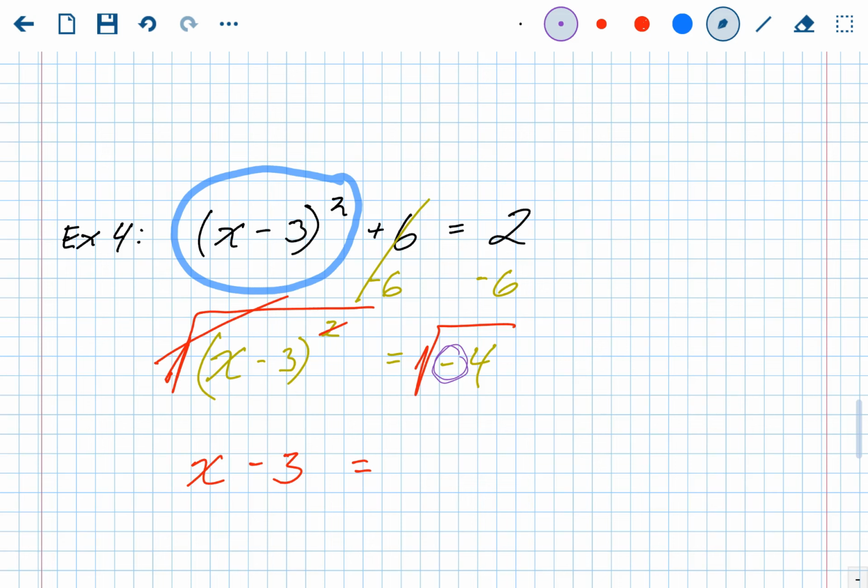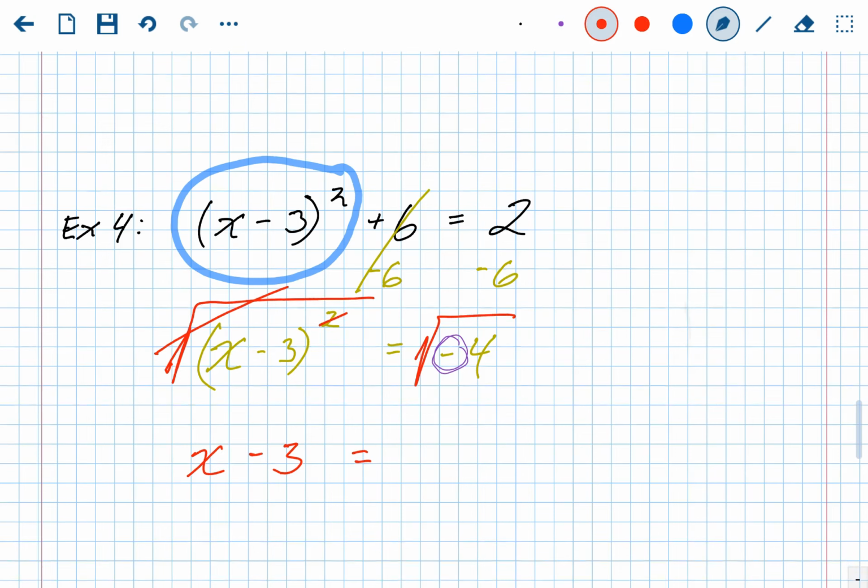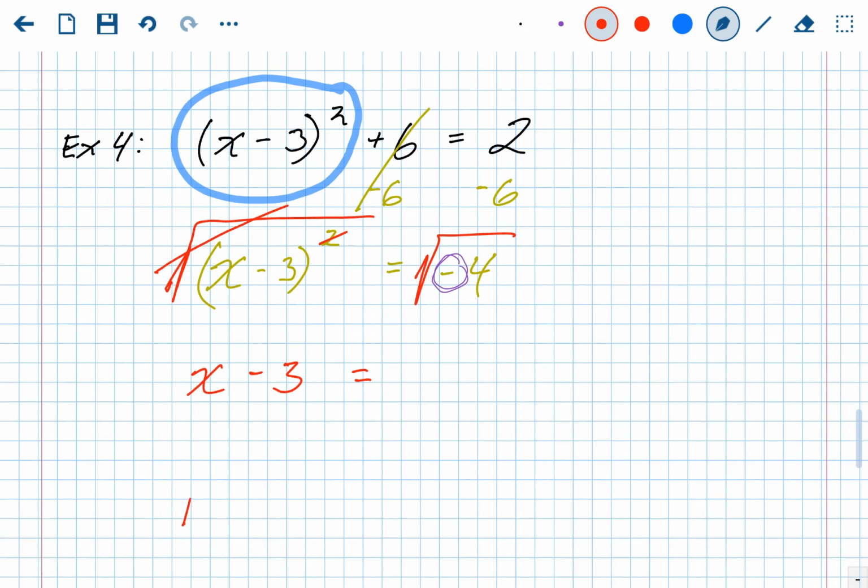So since you can't take the square root of a negative, this one's just no solution. Now in Algebra 2, that one will have a solution, but for Algebra 1, we can't take square root of negatives, so it's no solution. So anytime you're in the square root step, and it's going to make you take the square root of a negative, you can stop right there. Automatically, no solution.